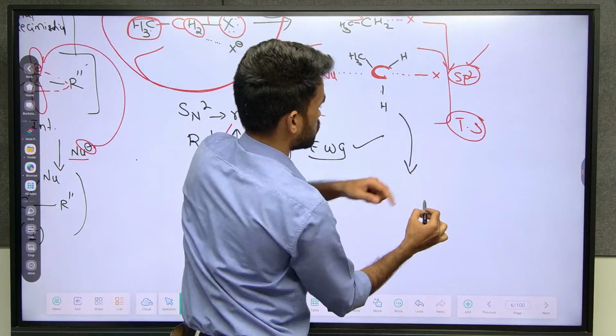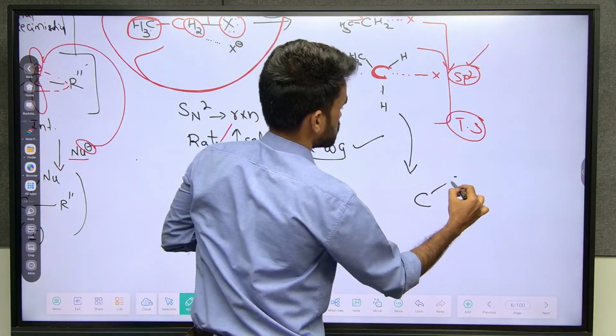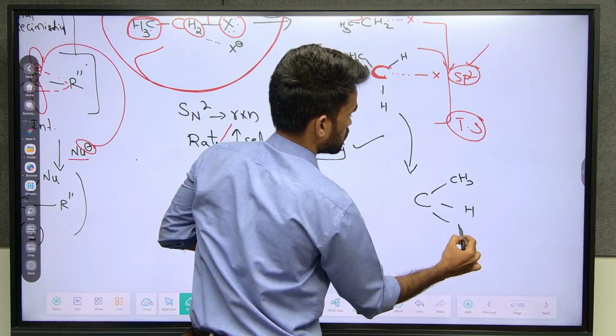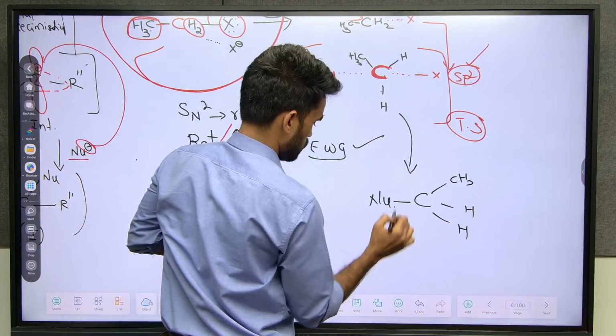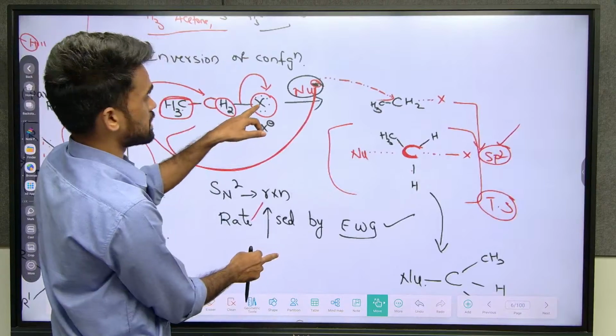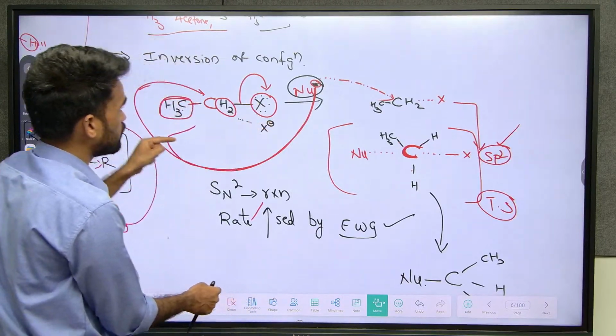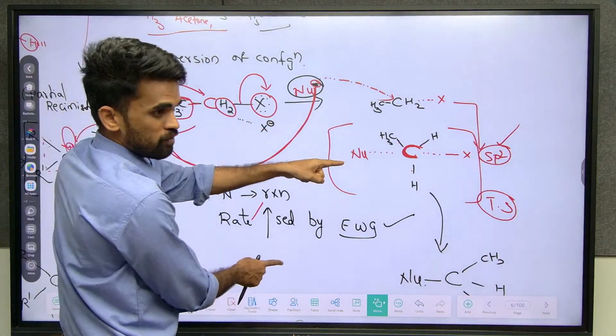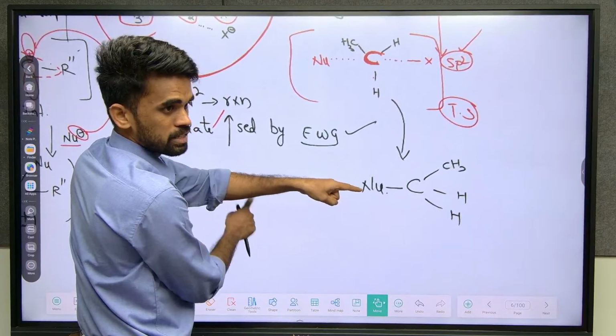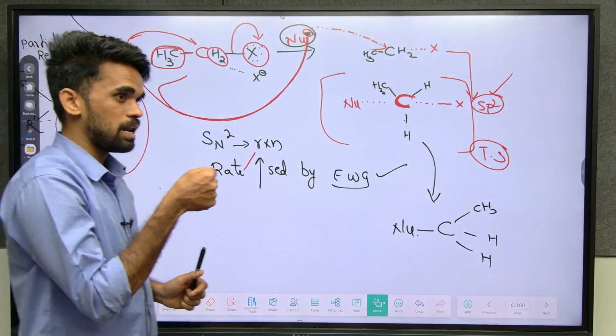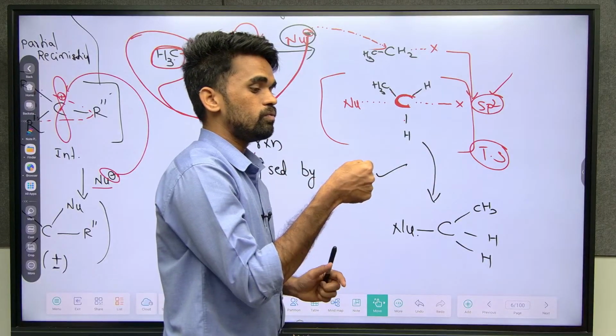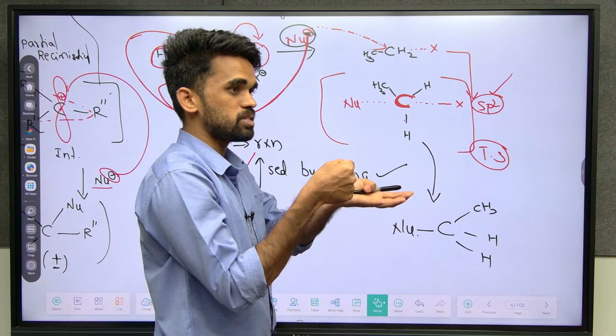Next. Finally what happens? This X goes out. And see, X is this side, exactly from opposite plane nucleophile has entered. That's why I have written like this. Like you are carrying an umbrella like this. What happens when high wind comes?